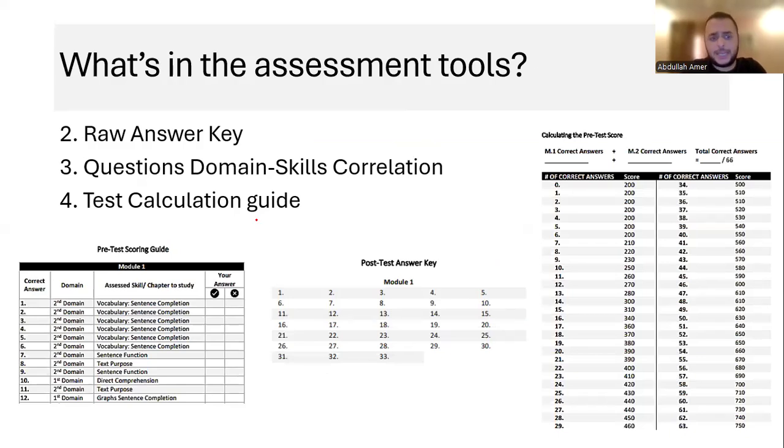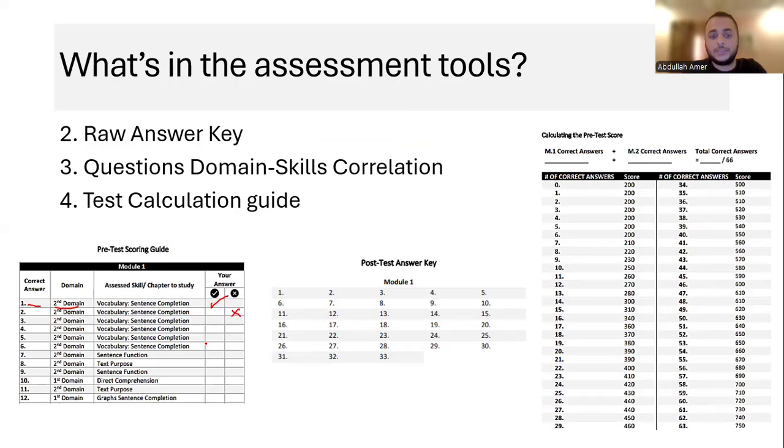Our pre-test has a scoring guide. So for example, the first question is from the second domain. If you're done with the first question and it is correct, simply mark it as correct. If the first question is wrong, or if the second question is wrong, mark it as wrong, and so on.